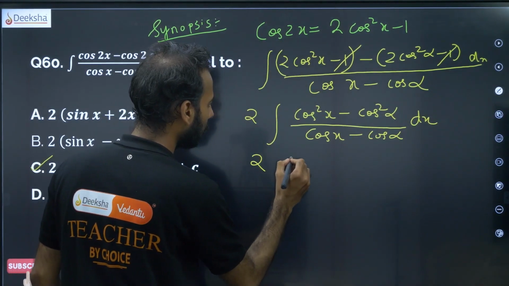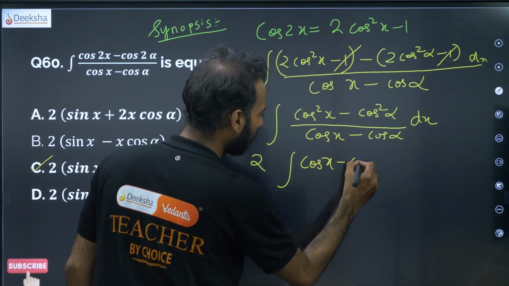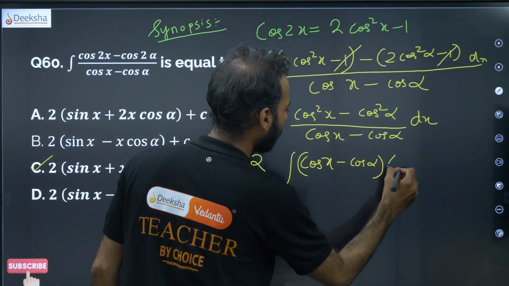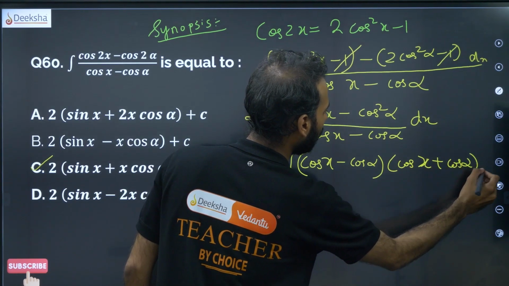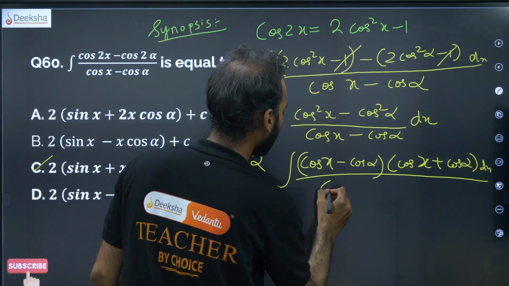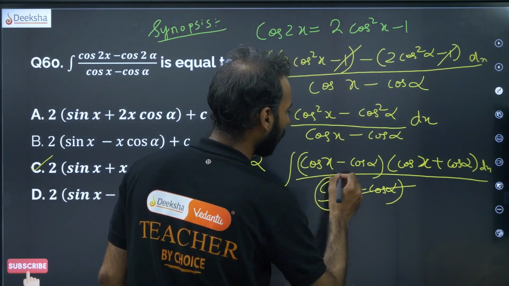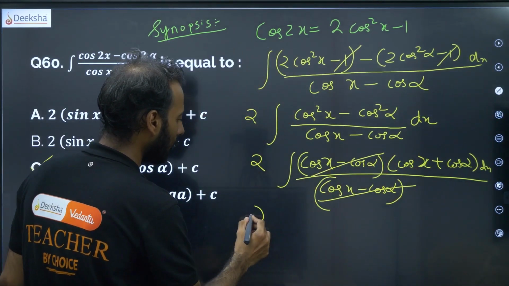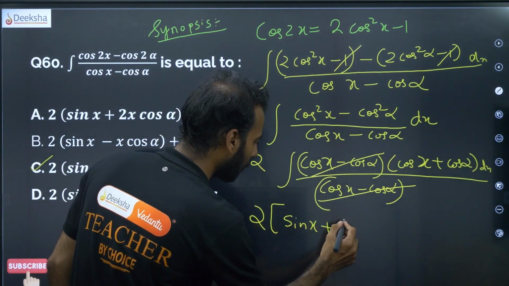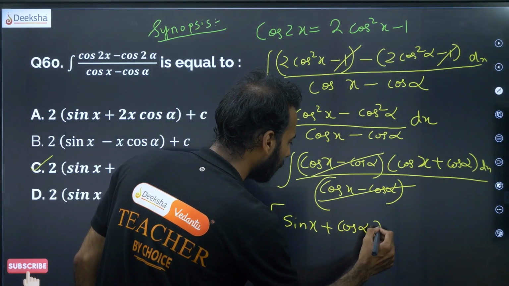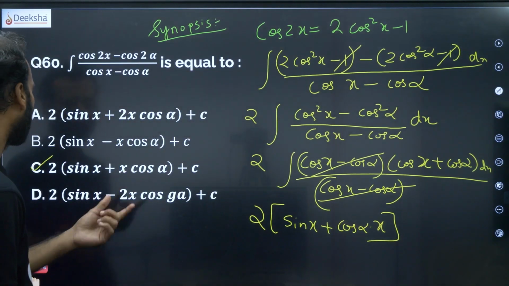So 2 integration, using a square minus b square, cos x minus cos alpha into cos x plus cos alpha dx divided by cos x minus cos alpha. Let me cancel off. So the integration of cos x is sin x plus cos alpha into x. So 2 sin x plus x cos alpha plus c is the answer.